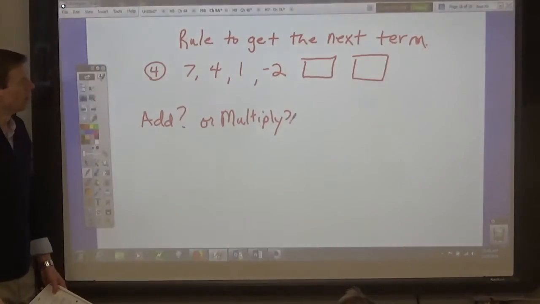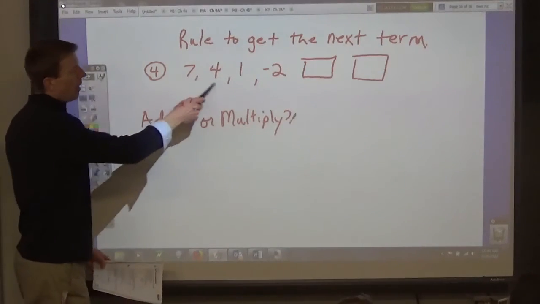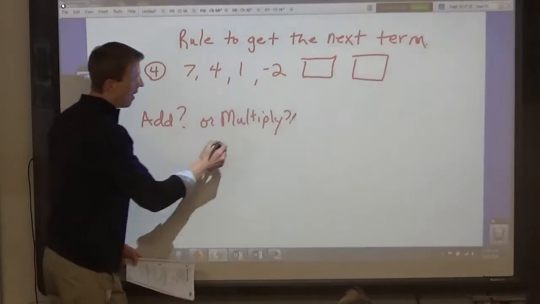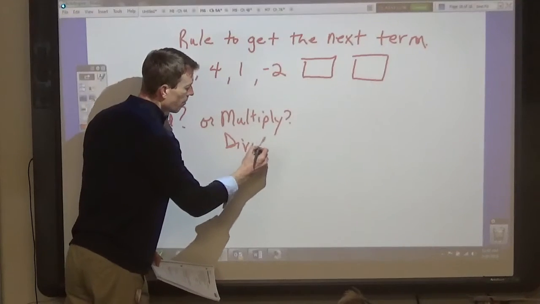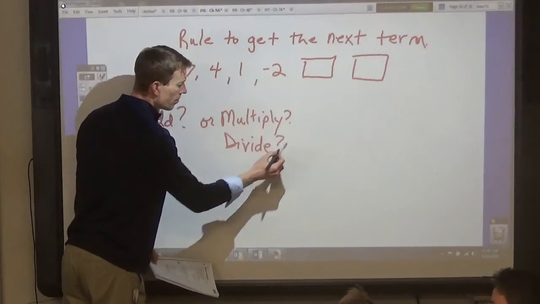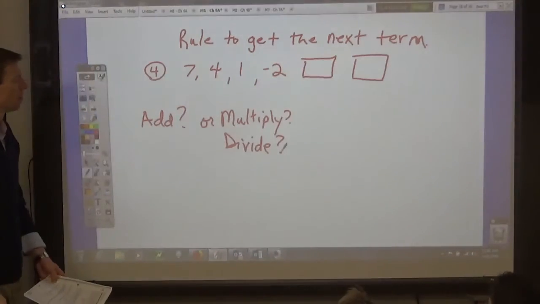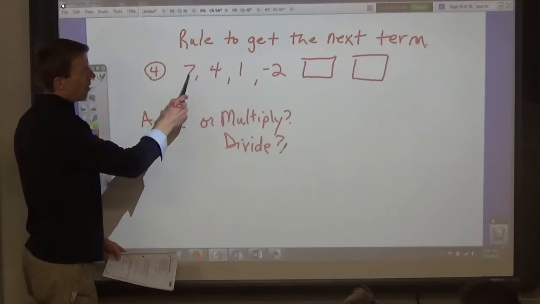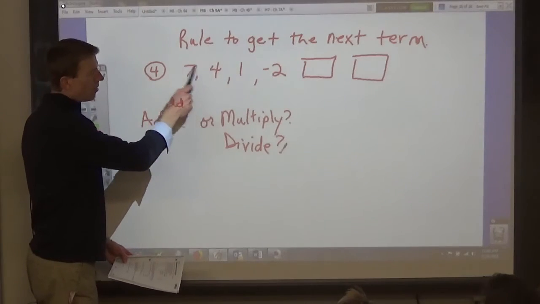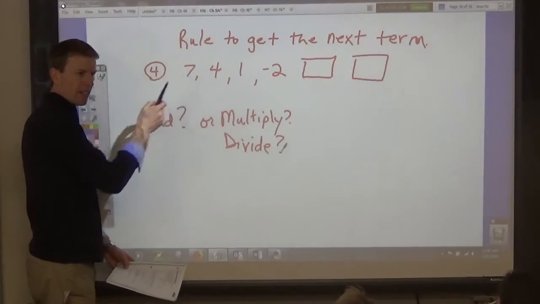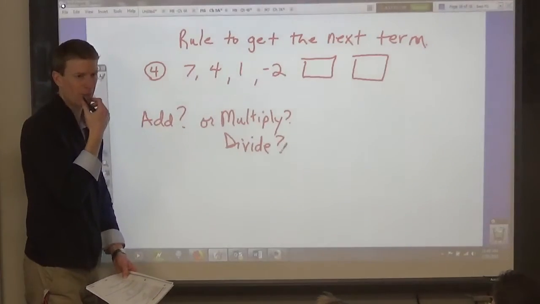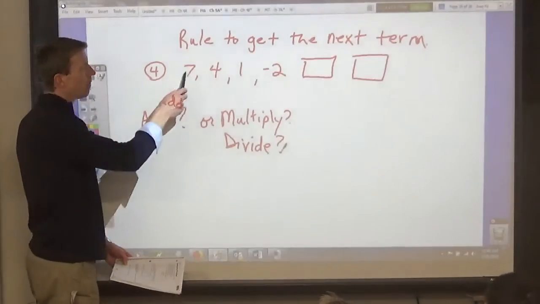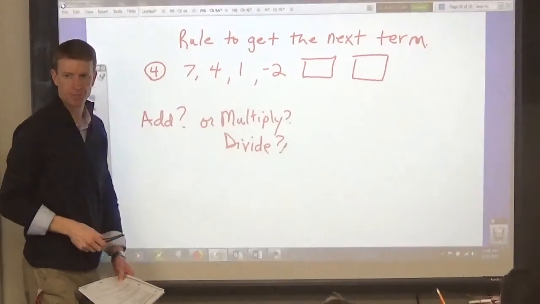Well, if you're going to multiply, or sometimes it's divide, but division and multiplication are related, just like addition and subtraction are related. Can I find a factor to multiply to get to the next term? Probably not. What would the difference be between these 2 terms?